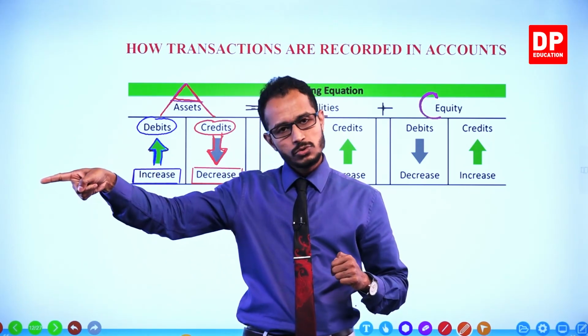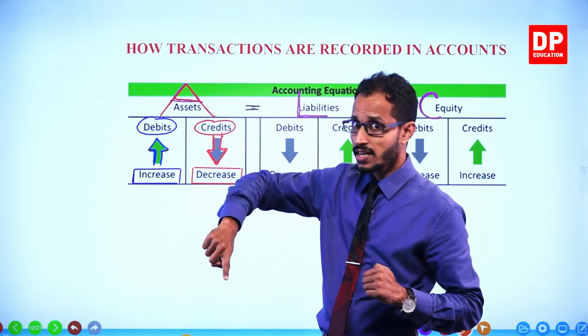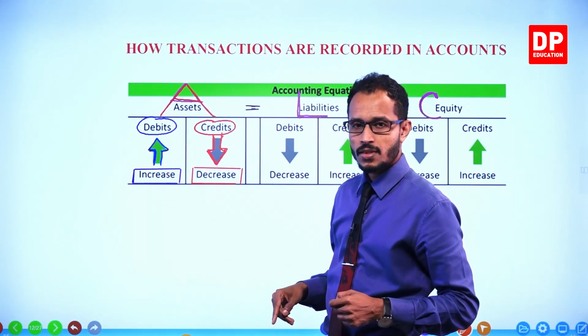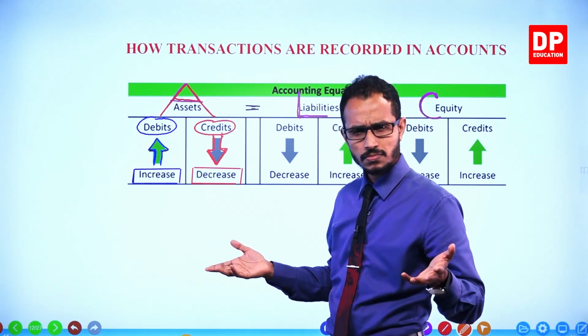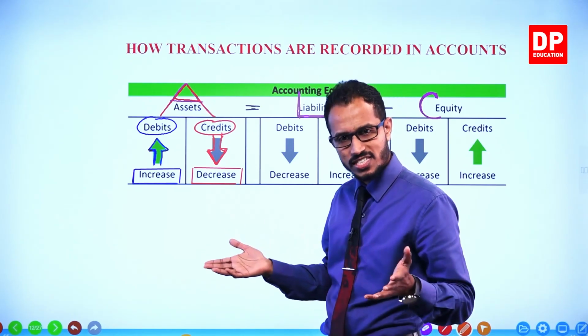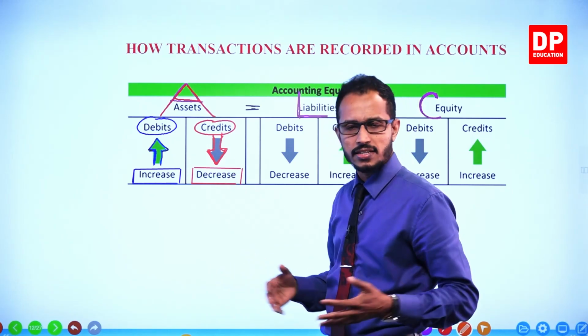That means that 50,000 of furniture should go to which side? Debit side of the furniture account. Simple, right? There's nothing to it. You just remember asset increases are always debit and asset decreases are always credit.